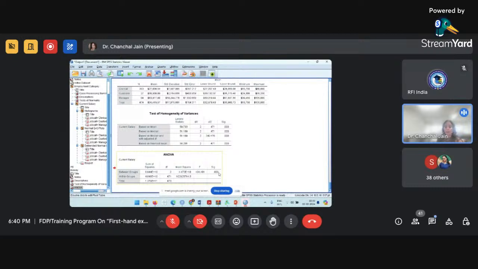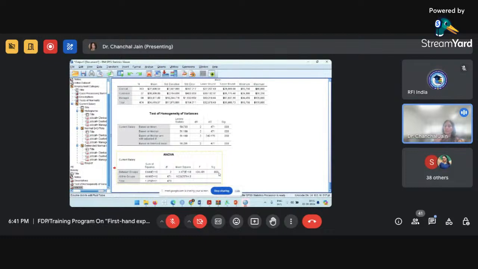This test will be applied only when you are accepting the alternative hypothesis of the ANOVA test, because the alternative hypothesis states there is a significant difference, but in which pair of groups that difference exists, we do not know. So only when you are rejecting the null hypothesis do you go for the multiple comparisons or post hoc test.